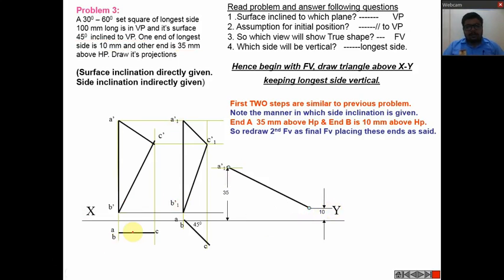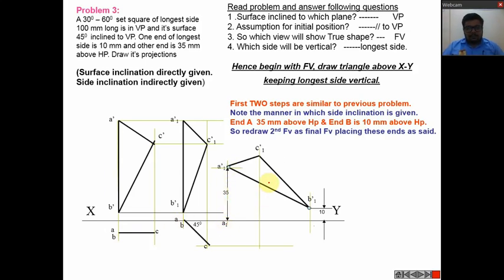So this is the longest side in which one of the end is 10 mm above HP and the second end is 35 mm above HP. Then we can mark the third point, that is C1 dash, by following the same procedure. Then take the projections in downward direction and take the projections from the left side, that is for point C. This is projection of A1 dash and this is A, so this will be A1.